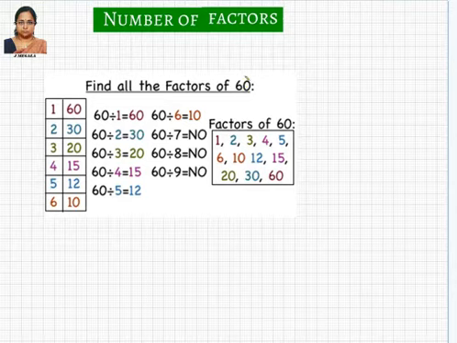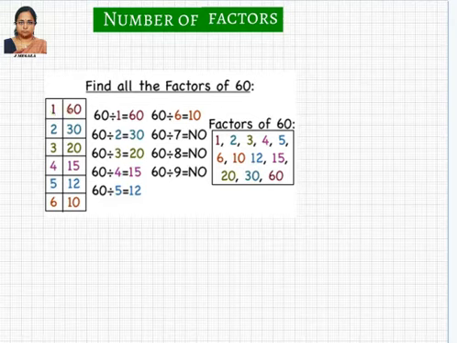Here, for example, if you want to see for 60, it's the same thing. Whatever numbers you divide by are called factors. Or we can consider it the other way: the product of the 2 numbers has to be 60. So which 2 numbers will give you 60? 1 into 60 gives you 60.